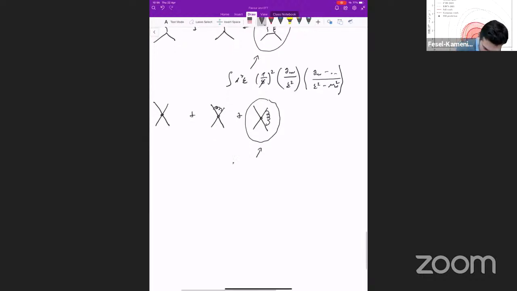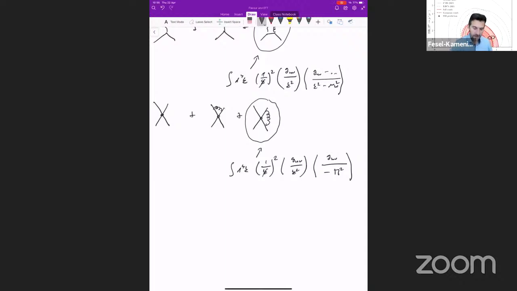What is the divergence structure in this case? Well, in this case the integral over internal momenta is of the form: we still have two fermion lines in the loop, so still 1 over k squared. We still have the gluon line, g mu nu over k squared. But now, since we have a local operator, this local operator only gives us g mu nu over minus m squared, or mW squared.